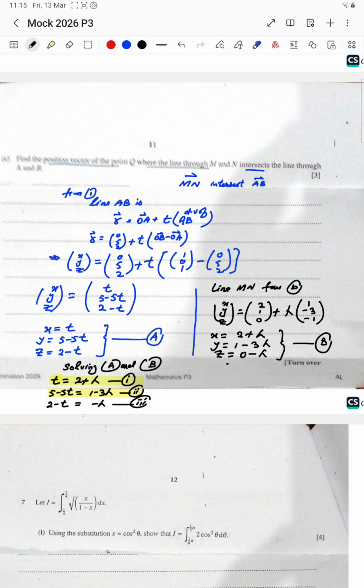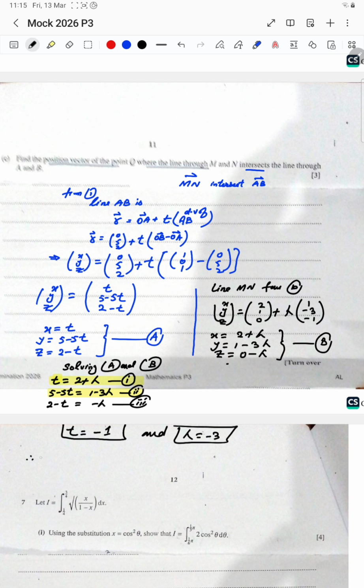When I solve these, I will get t equal to minus 1 and lambda equal to minus 3.